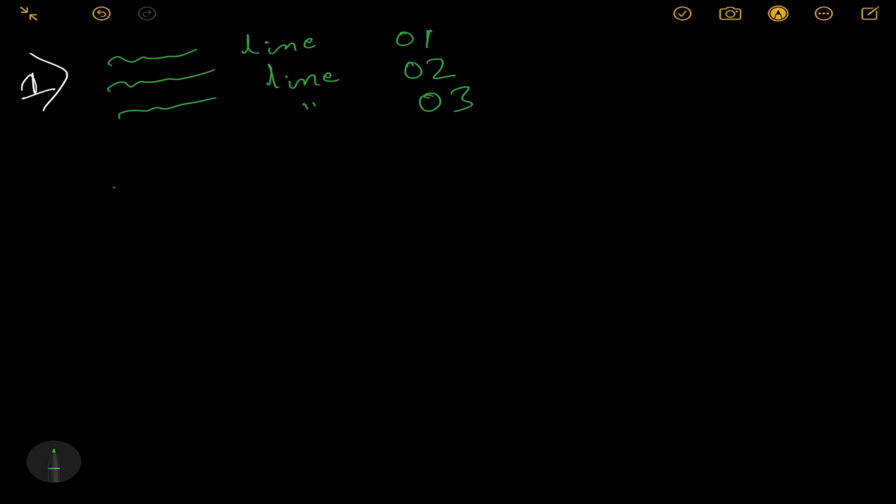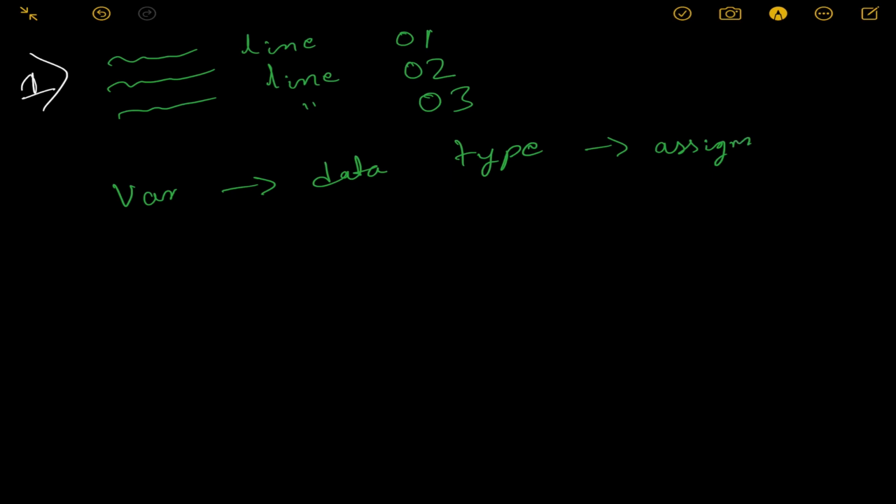This involves, let's say, a variable of some data type and some assignment, that means some value is assigned. Then there will be some print function, and likewise some arithmetic operations as well. So this involves what the code is doing at each line.